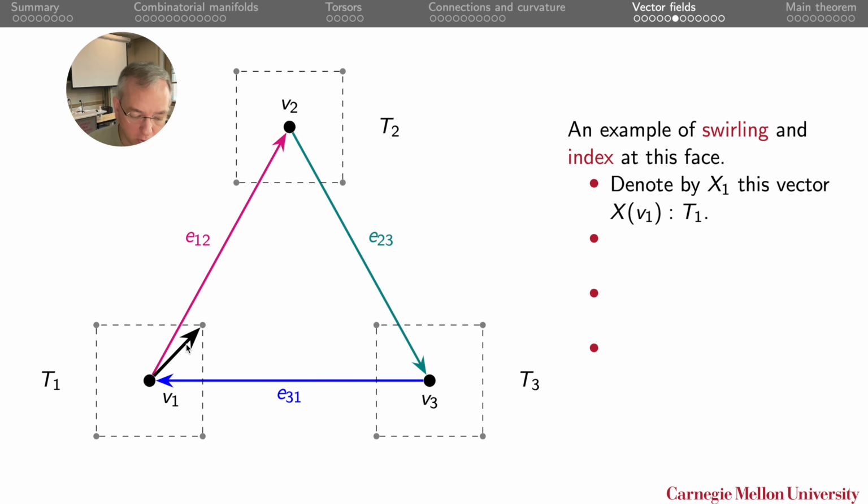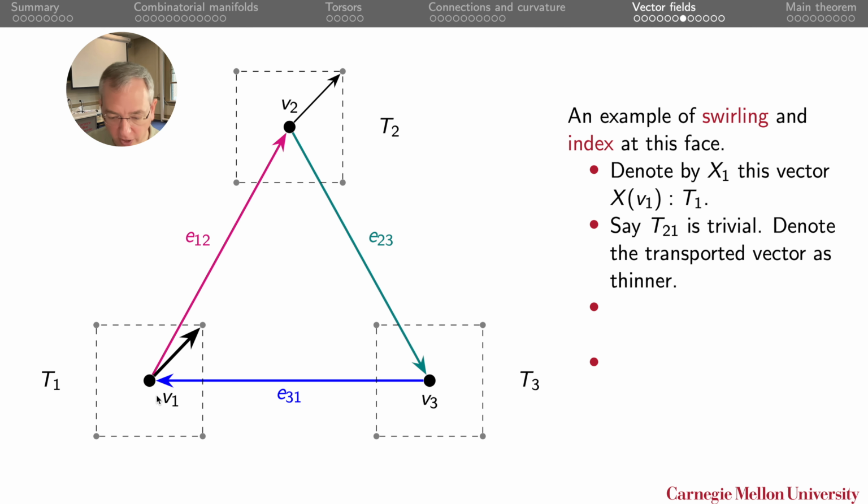Now, in order to do the path over thing, we're going to want to transport this one vector around these edges, because we're going to need to pick a single fiber to do our computation of X of the full cycle. And we will pick this T1 to do that. But we're going to need to transport X1 all the way around the triangle, among other data. But let's just think about this part of the data first.